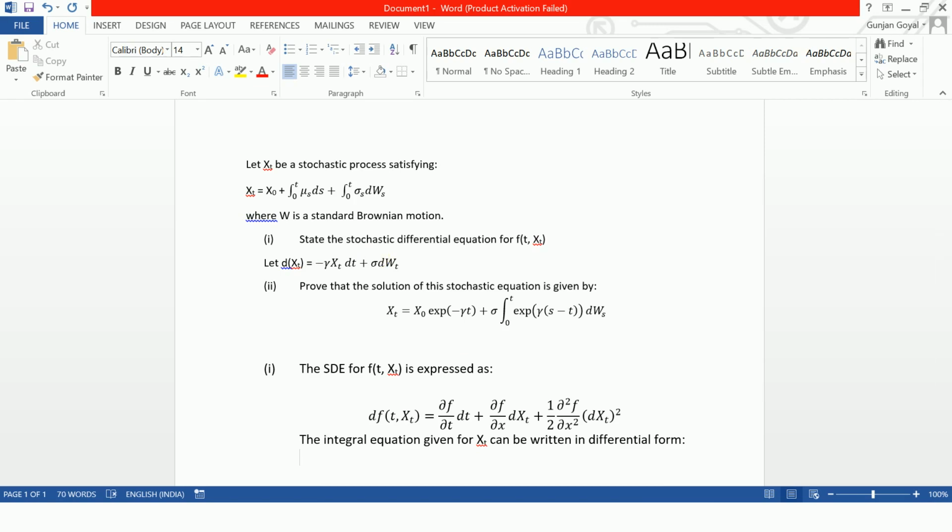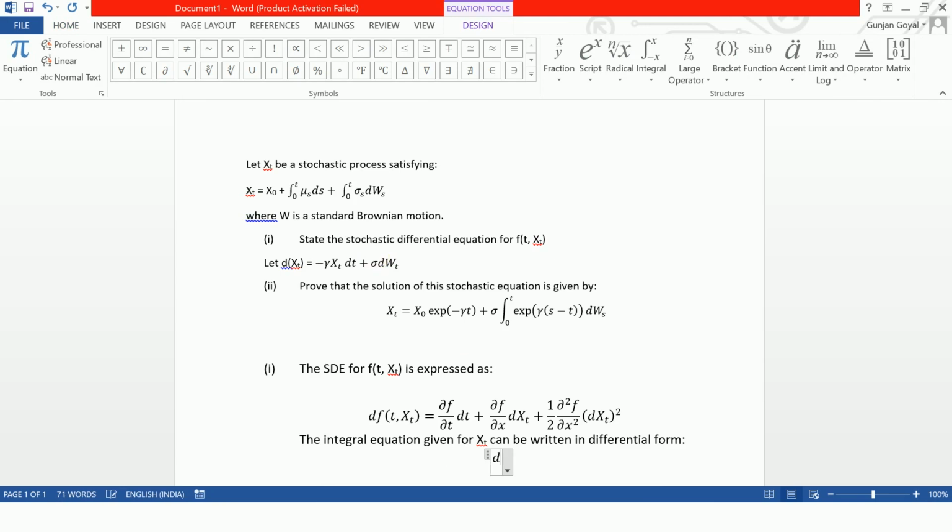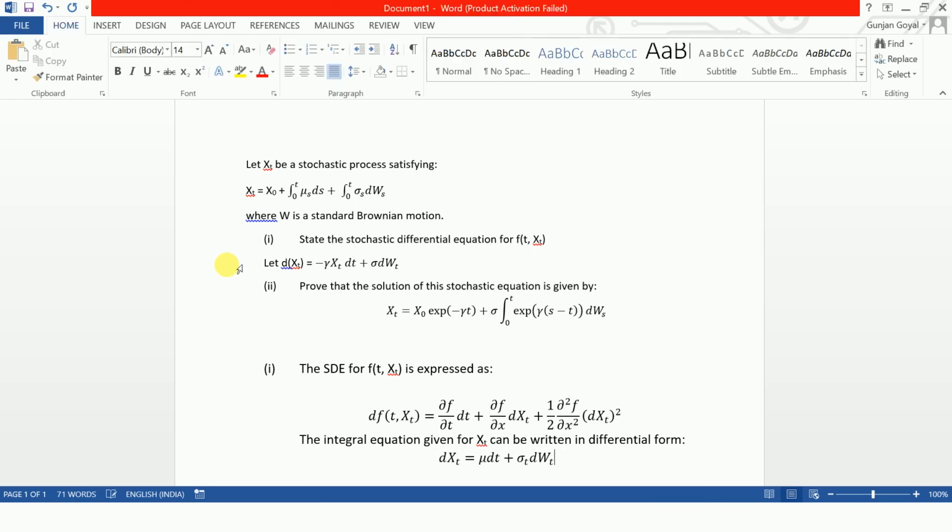So again I'll insert an equation: dX_t equal to mu_t dt plus sigma_t dW_t.